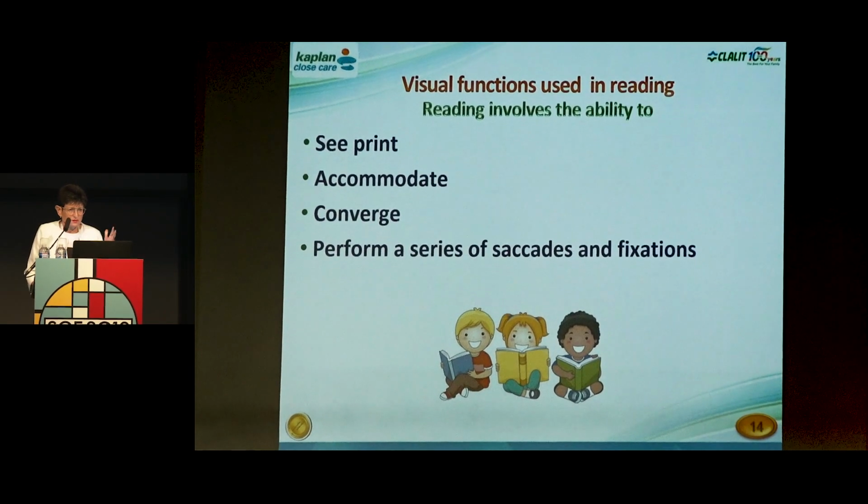So we've talked about reading and the eyes, and we've said that in order to see, we have to have an intact visual system, and we do need the eyes for reading. More than that, we have to accommodate, we have to converge because we're reading at near, and we have to perform a series of saccades and fixations.